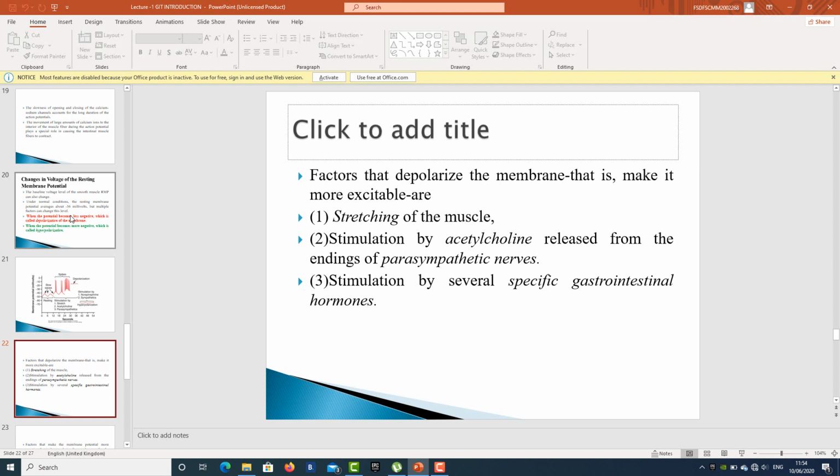Now, factors which can depolarize the membrane, that is, make it more excitable, are stretching of the muscle, stimulation by acetylcholine released from the endings of parasympathetic nerves, and stimulation by several specific gastrointestinal hormones.